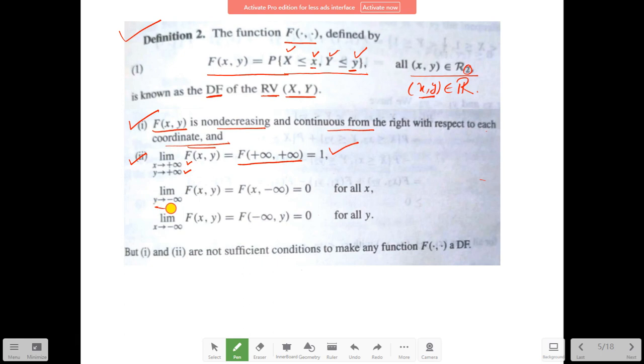Limit y goes to minus infinity, F(x,y) is equal to 0 for all x, and limit x goes to minus infinity, F(x,y) is equal to 0 for every y. Here condition 1 and condition 2 are not sufficient conditions to make any function F a distribution function.